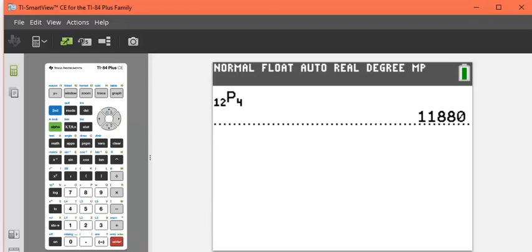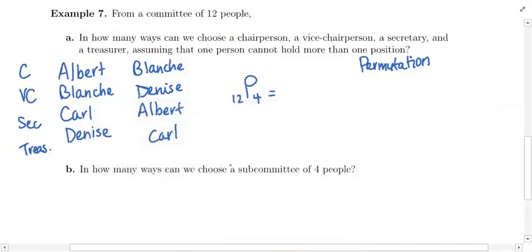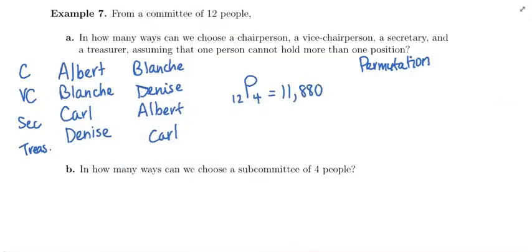And again, there are 11,880 possibilities here. We've seen that number before. So there are 11,880 different ways that we can choose a chairperson, a vice chairperson, a secretary, and a treasurer from this group of 12 people, assuming that one person cannot hold more than one position.